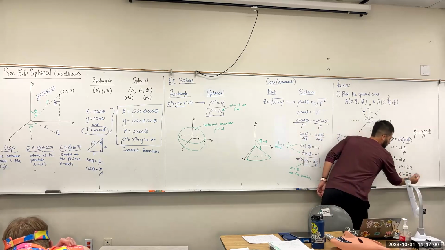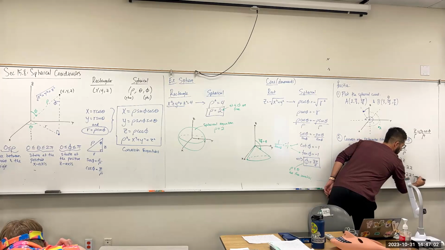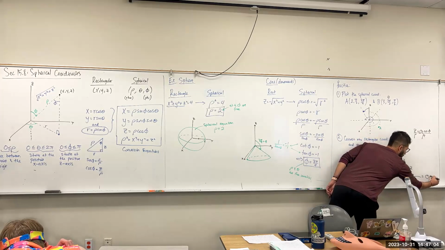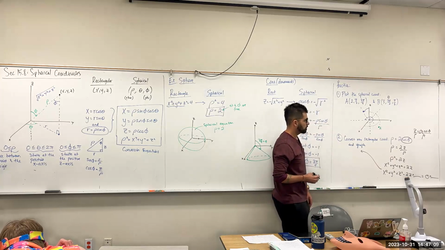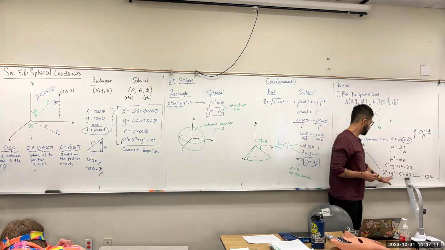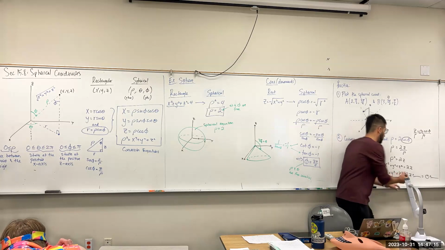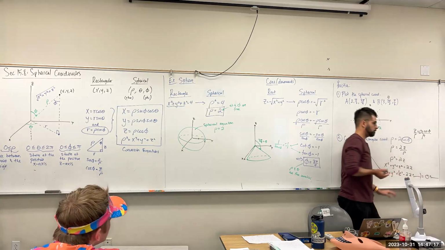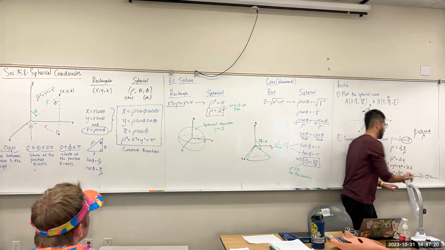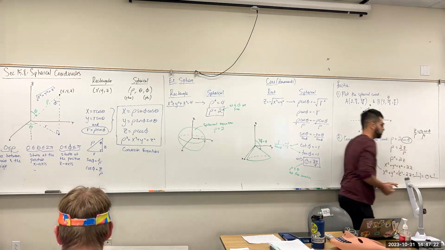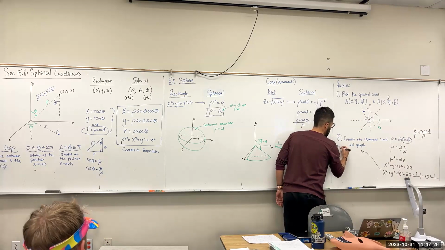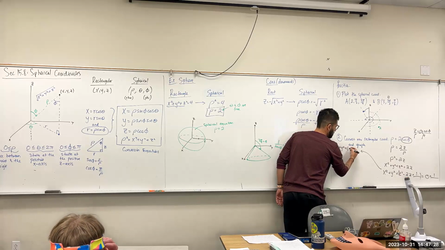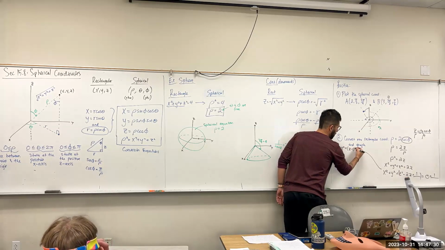When you complete the square, you're going to add something here, right? Yeah, exactly. You complete the square of this guy, so you add 1 to both sides. That will factor into x squared plus y squared plus (z minus 1) squared is equal to 1.